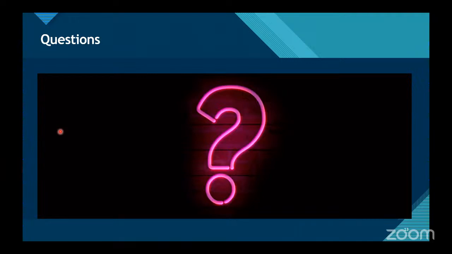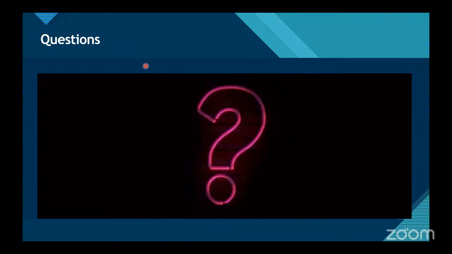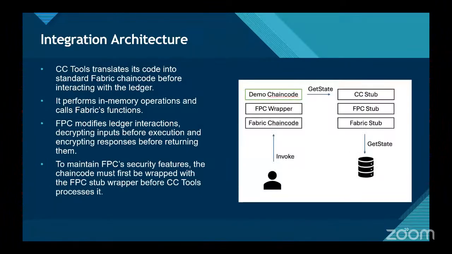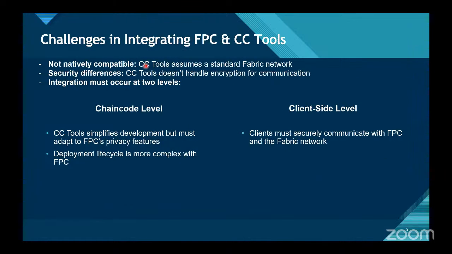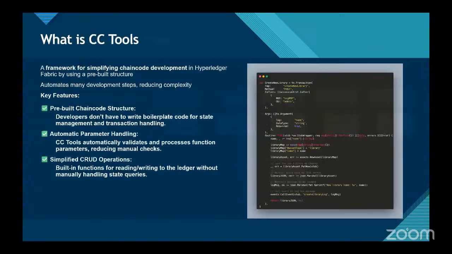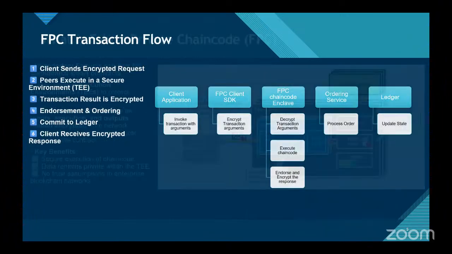Osama, I have another question. So you were saying that this trusted execution technology, which is leveraged by FPC, is used to execute the chain code in an enclave or secure container, in order to provide extra confidentiality and execution integrity.